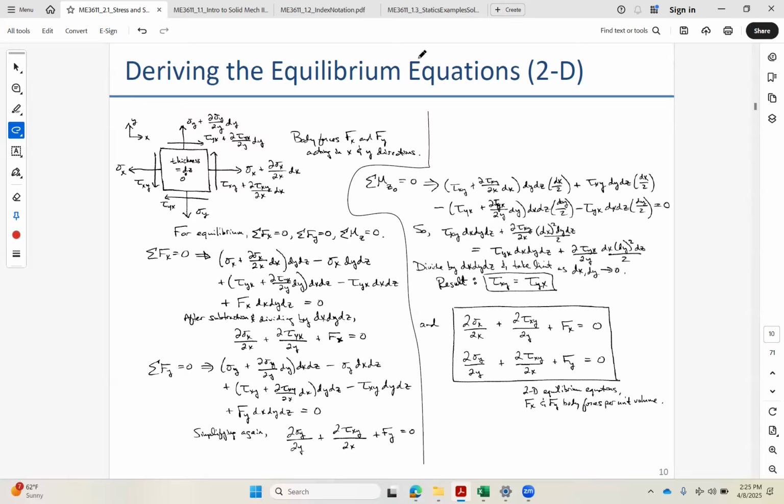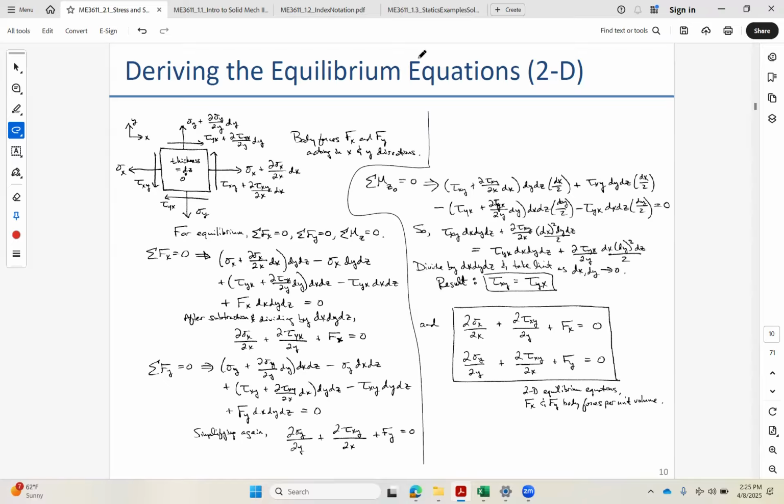So on the right side face, we got tau xy going up plus differential. And then the area on the right is dy dz, that's a slice coming out of the page on the right. And then minus tau xy, the left side's pointing down, dy dz, same area. And then body force, if our gravity force is centrifugal or gravity or anything like that, any kind of body force load acceleration is going to go there.